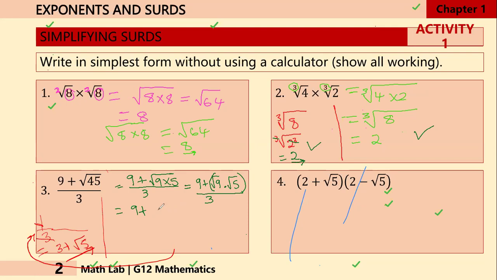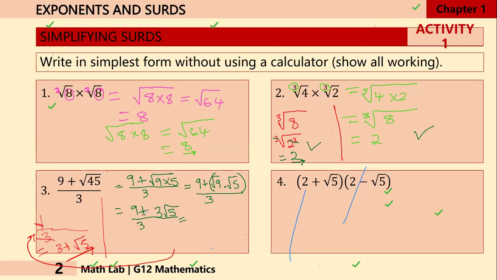Yes, the square root of 9 gives us 3. So it's going to be 3 times the square root of 5, or 3 root 5. The root 5 is still the same root 5, and the 3 is the square root of 9. All divided by 3. This is what we have now.